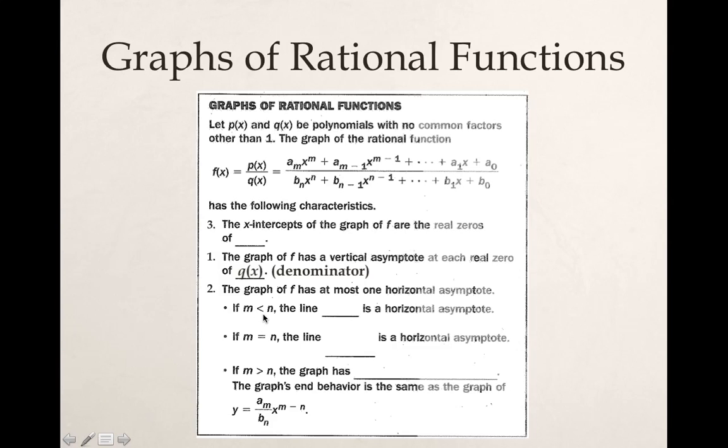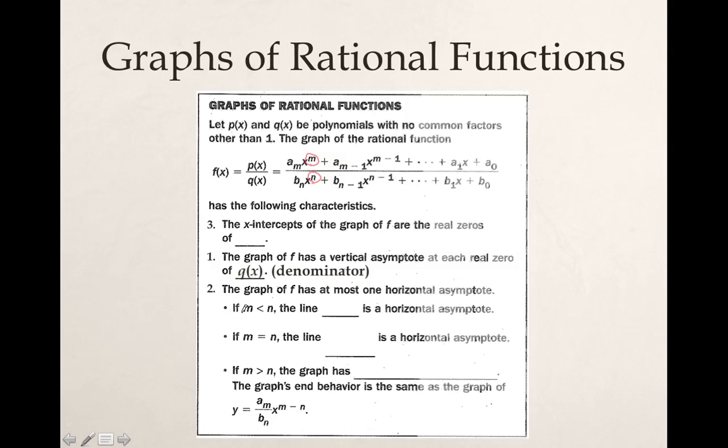The m and n come from the highest degree in each of the polynomials. So m is right here and is the highest degree in our numerator. n is right here as the highest degree in our denominator. That's what they're referring to when they're making these comparisons.